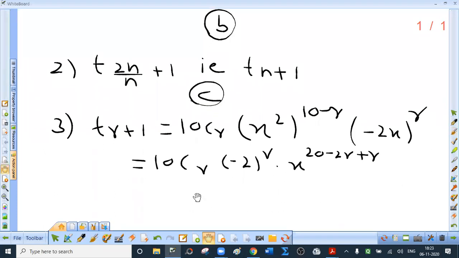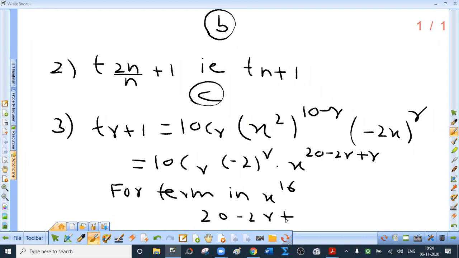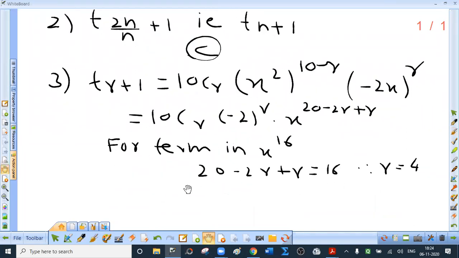Now for this term to be in x raised to 16, 20 minus 2r plus r equal to 16. So tell me what is r? r is 4. Now what is asked? Coefficient. Therefore, coefficient is nothing but 10C4 into minus 2 raised to 4. Tell me the value of 10C4. 10C4 is 10 factorial upon 6 factorial 4 factorial.